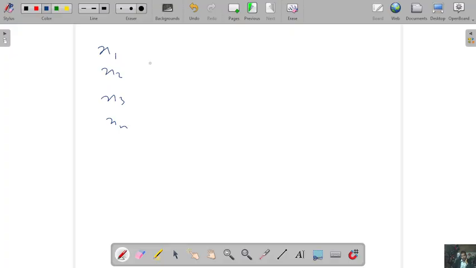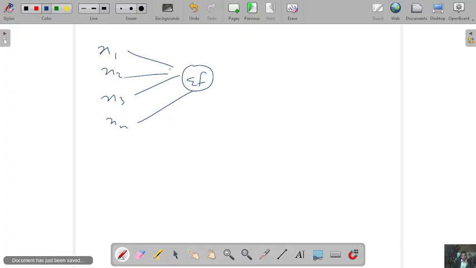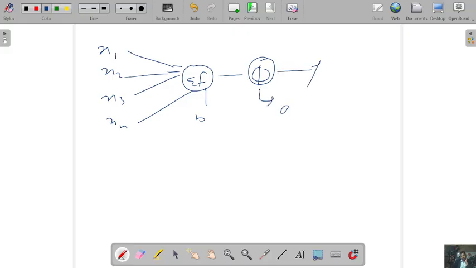Okay, the sum bit and this is base. Okay, so why if we apply activation function, this is output.